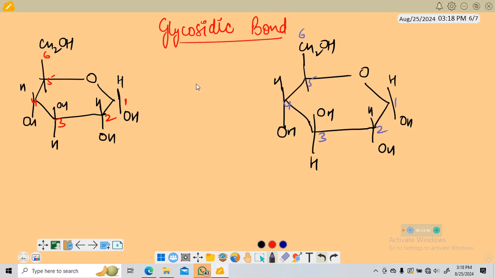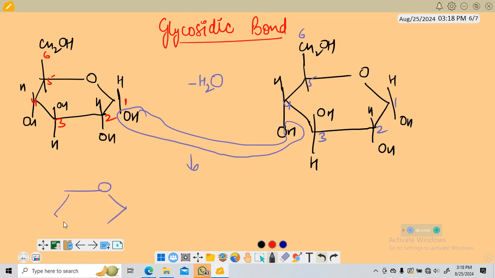Now here a water molecule will be lost, this OH and this H. Okay, so the bond will look like this.